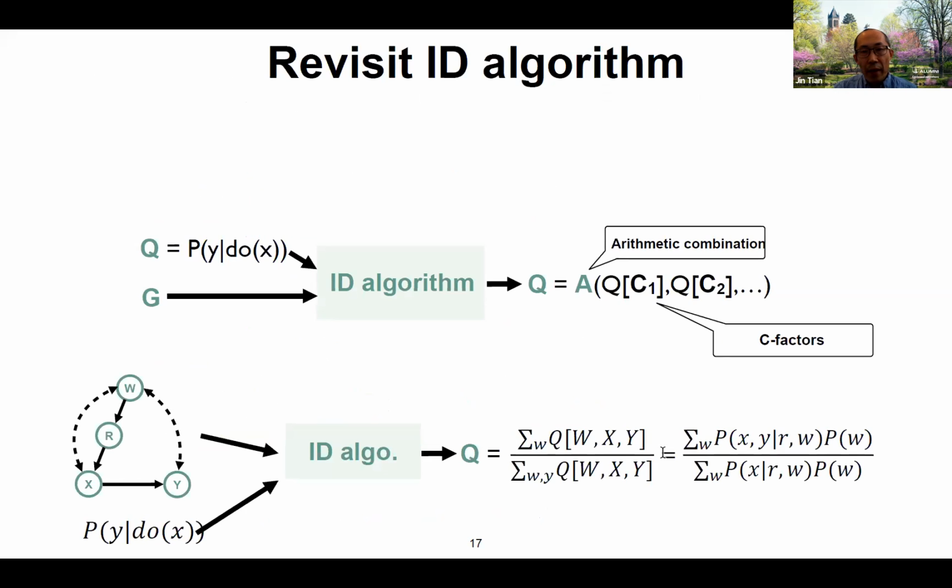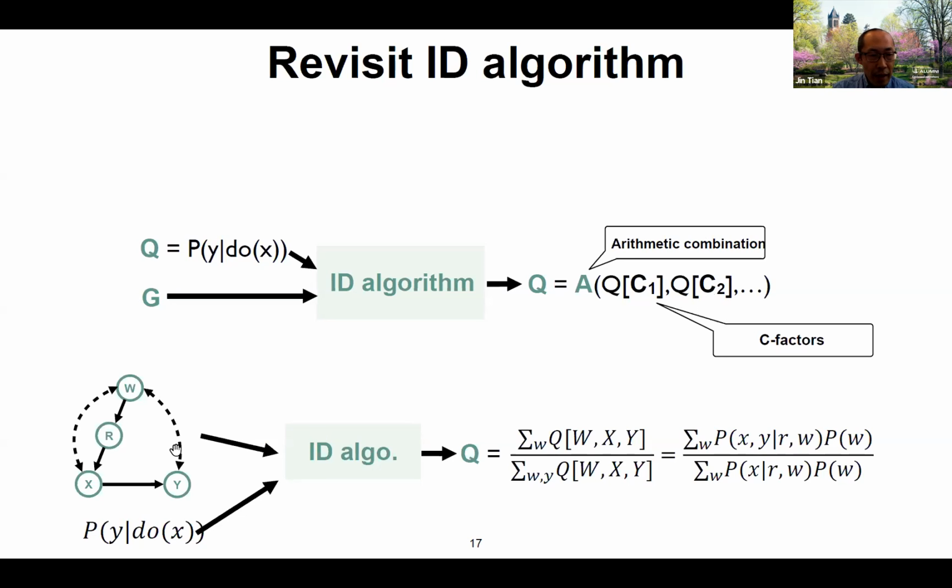Now, our observation is that for any given target effect, the ID algorithm actually outputs an expression which is an arithmetic combination, which means product, division, and marginalization, over a set of identified C-factors.